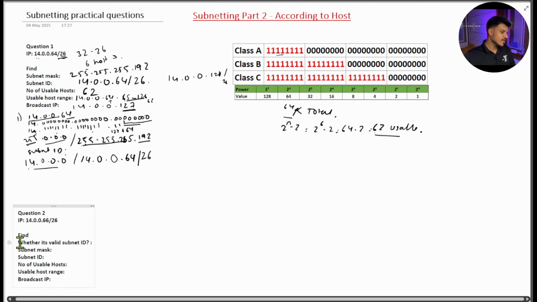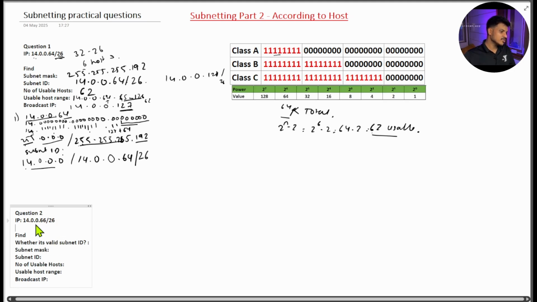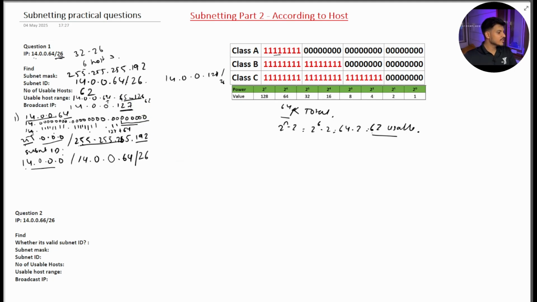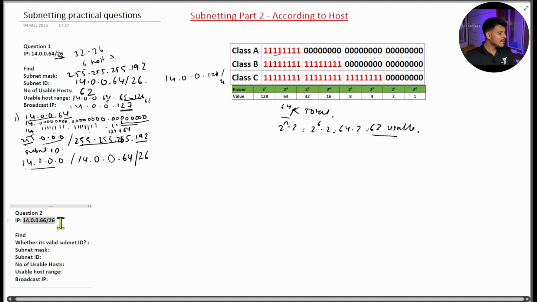We have to confirm whether it is a valid subnet ID, and find its subnet mask, subnet ID, number of usable hosts, usable host range, and its broadcast IP. As you can see, 14.0.0.66 comes within the usable range that we have provided, from 65 till 126.